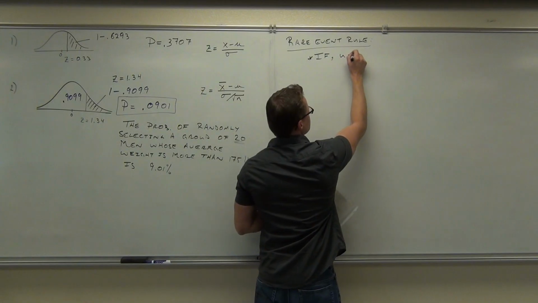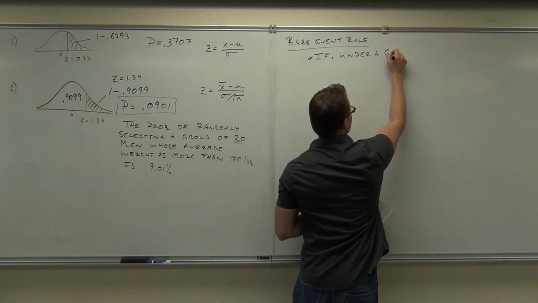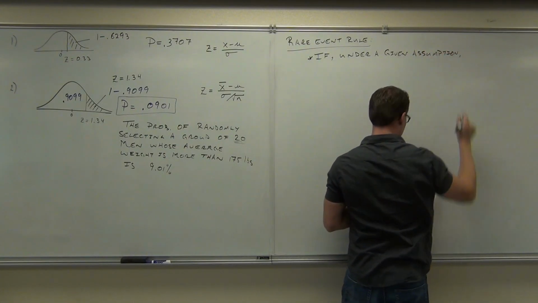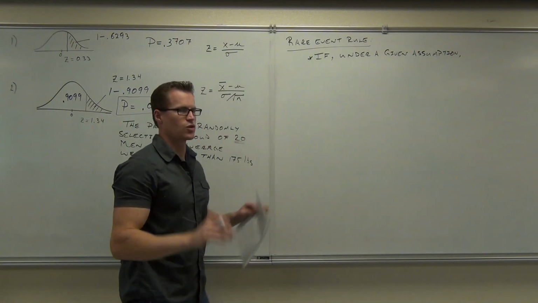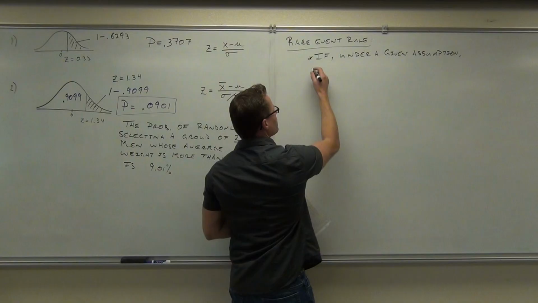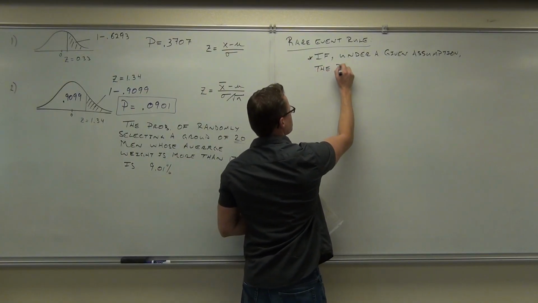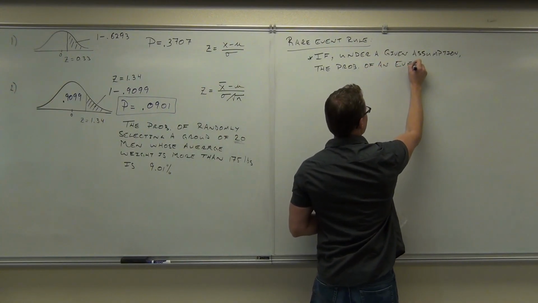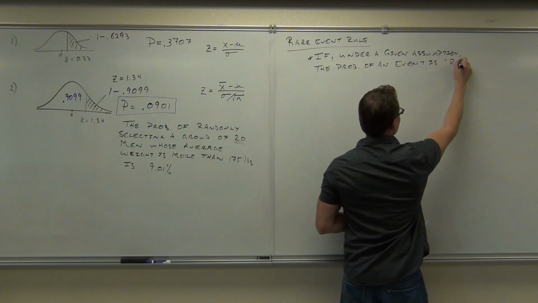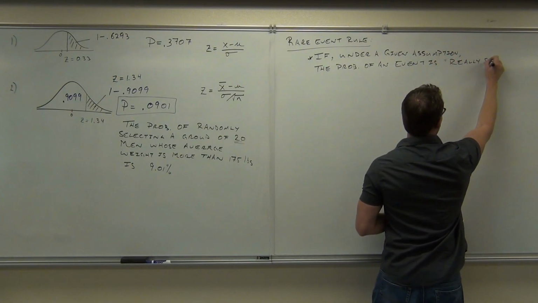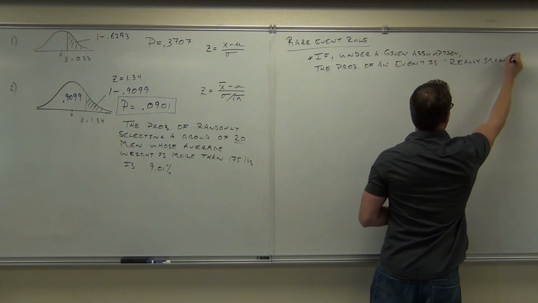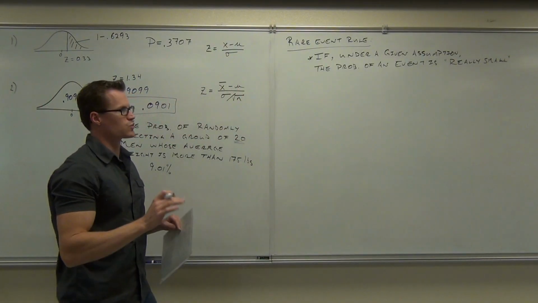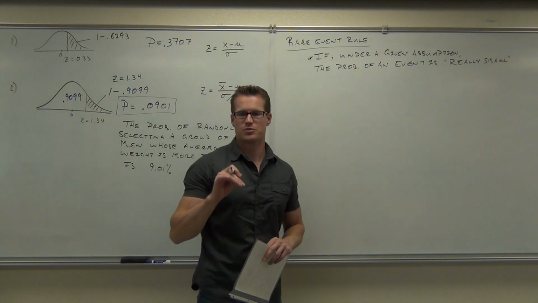If under a given assumption the probability of an event is really small, then that assumption is probably wrong.